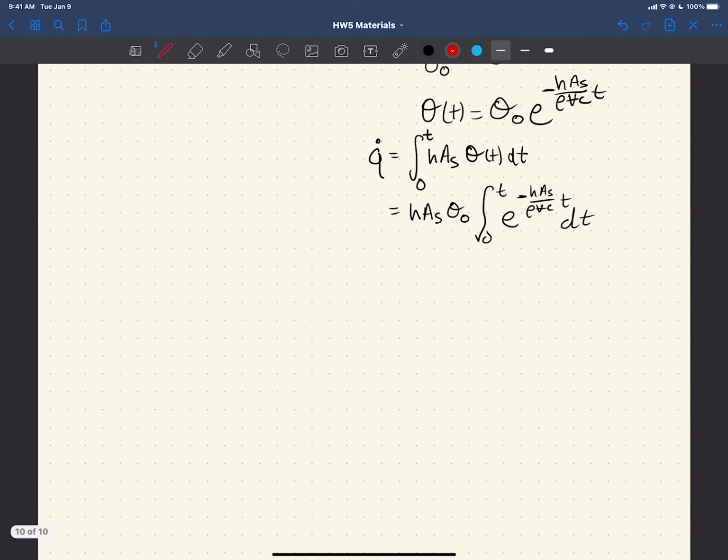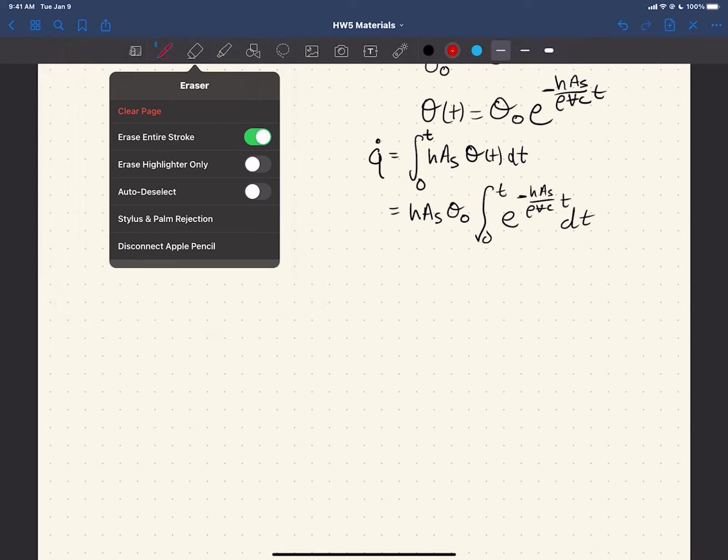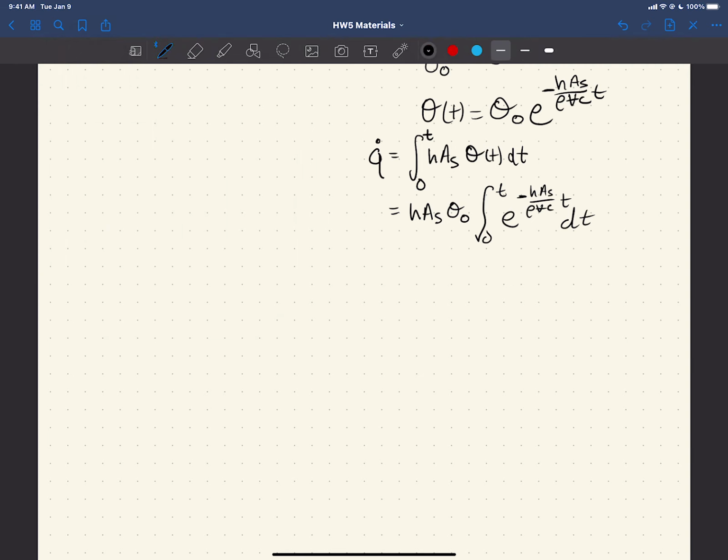Now, the integral of this, technically you would have to do a u substitution. So if you need to, scribble that off to the side to make sure you don't screw it up, that's fine. But I'm just going to wing it and do it in my head. Basically this fraction, you're going to have to multiply it out front and flip it to account for that.